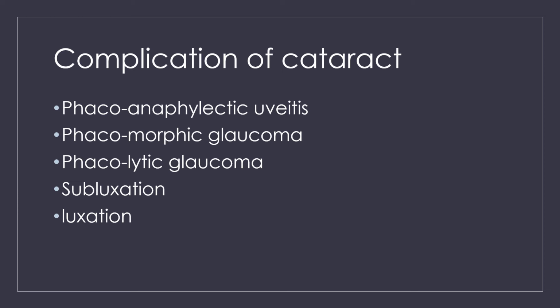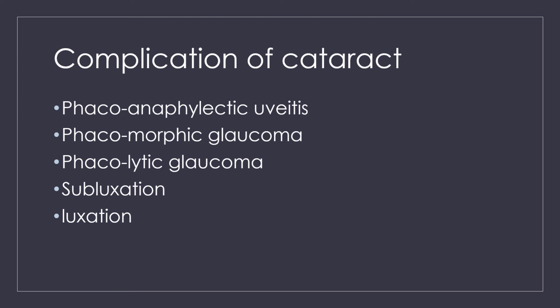As the lens proteins are secluded, not exposed to the immune system of the body, once they start leaking and come into the anterior chamber, the body doesn't recognize them as self and recognizes them as foreign bodies and mounts an immune reaction against them. So this is phacoanaphylactic uveitis.